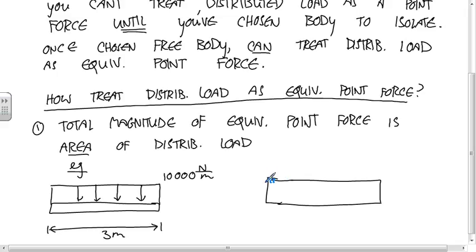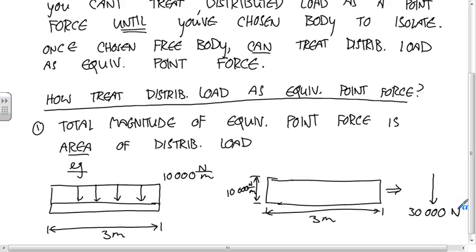Obviously, it's not drawn to scale, and it's going to be in funny units compared to most area calculations you do, but you can think of the height as being 10,000 newtons per meter, the width as being 3 meters, and so you end up with a total force of 10,000 newtons per meter times 3 meters, so 30,000. And what units do you get? Hey, that's awesome! Because that's what we want.